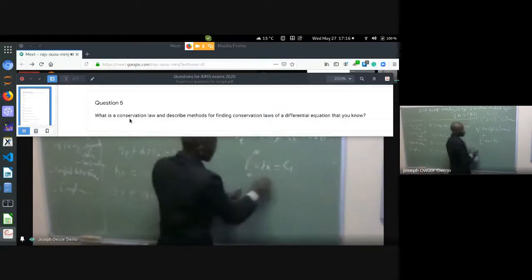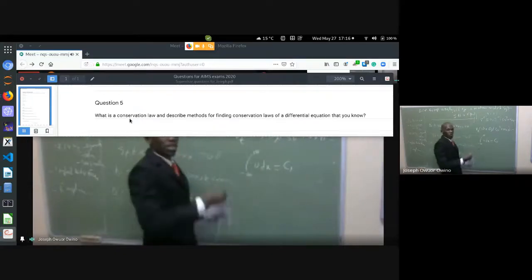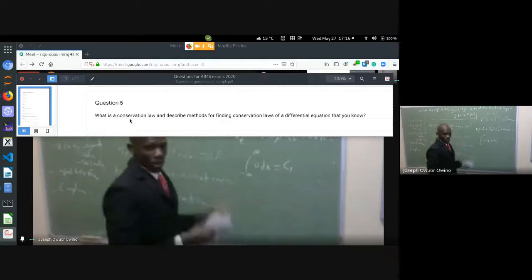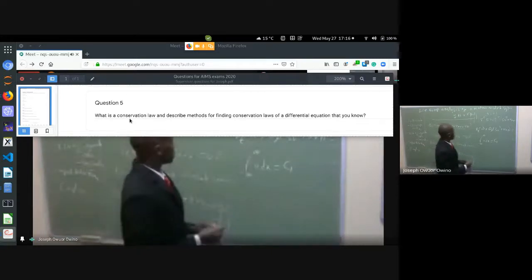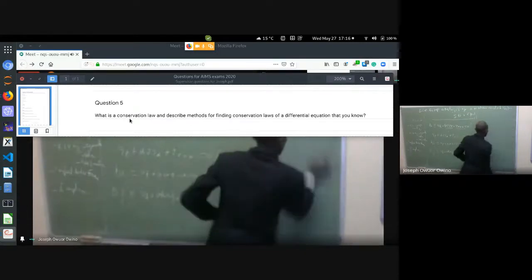And this integral represents the mass of the system. So this shows you that in the evolution of the solitary waves, or the traveling waves, of the KdV equation, mass is conserved. Now, what are the methods for finding conservation laws?